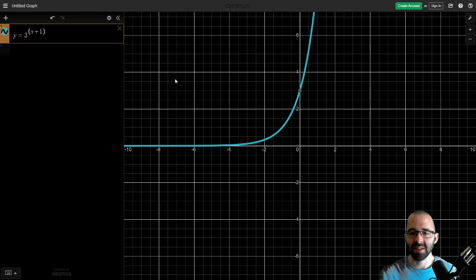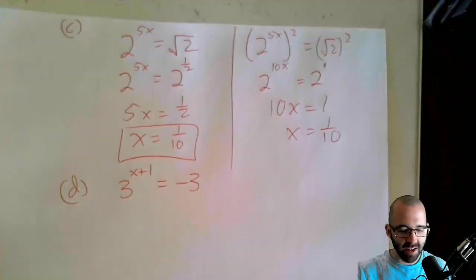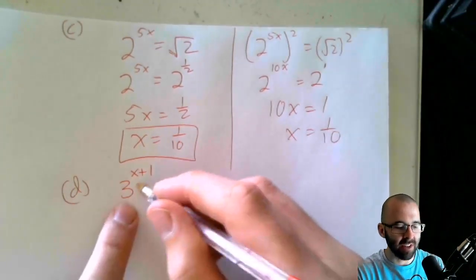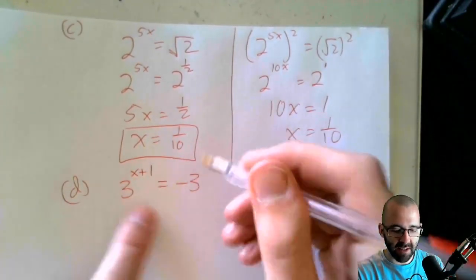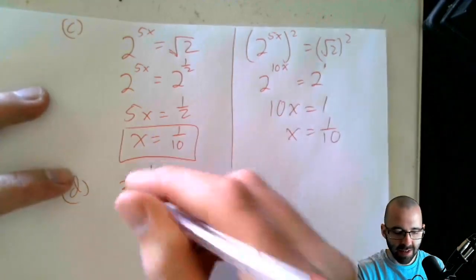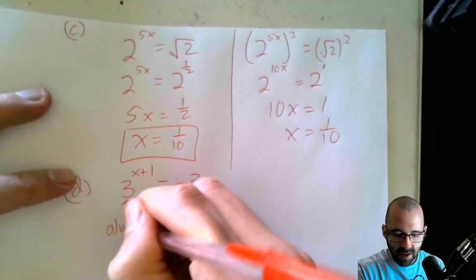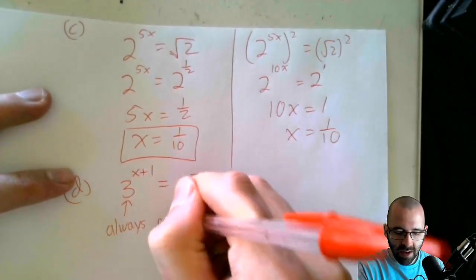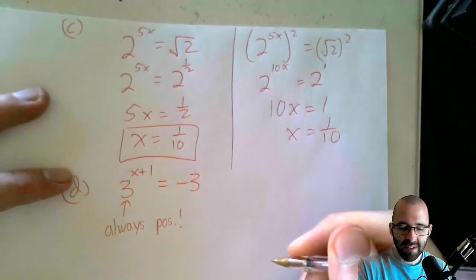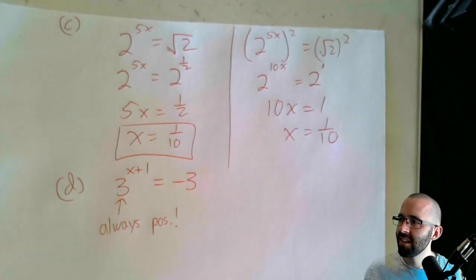The range is the outputs. The range of this function is only positive numbers. So how is a function that only becomes positive ever going to equal a negative? The answer is it won't.